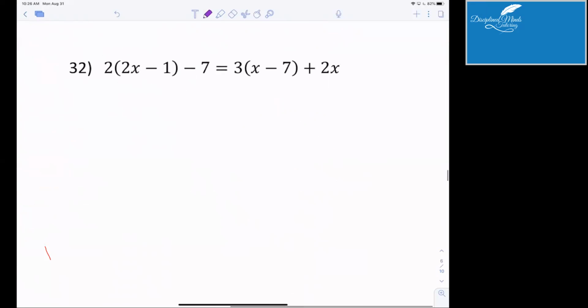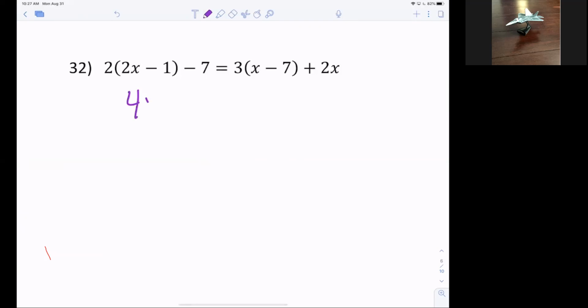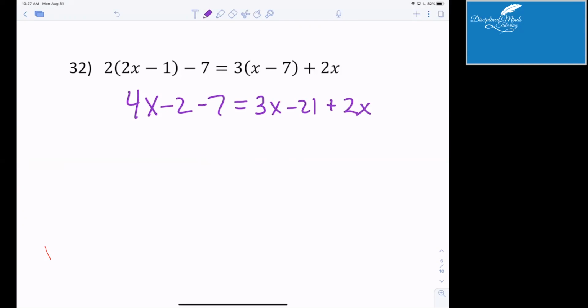All right, and help on 32. Go. Loud and proud. Distribute 2. What do I get? 4x minus 2 minus 7 equals, and then 3x minus 21 plus 2x. And then you have to add, so negative 2 and negative 7 equals negative 9.